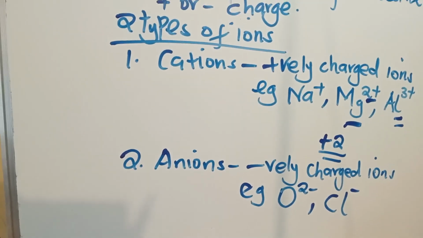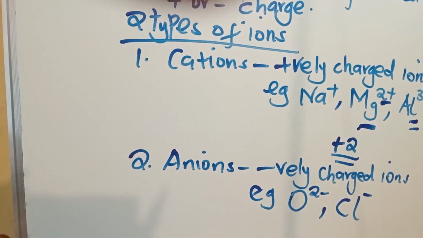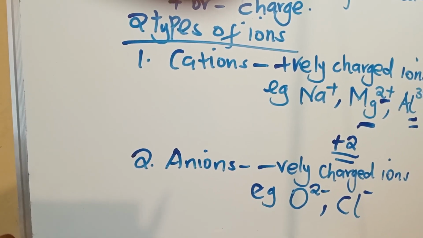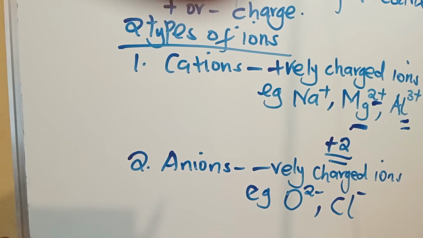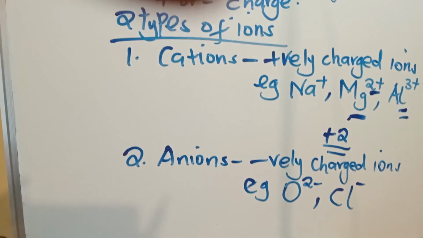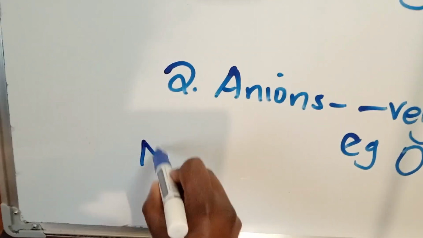An NB that you should not forget. For ions to be formed, there is either the gaining of electrons or the losing of electrons. So make sure that you write that NB.